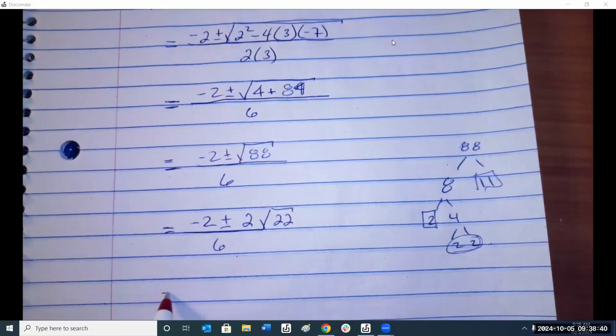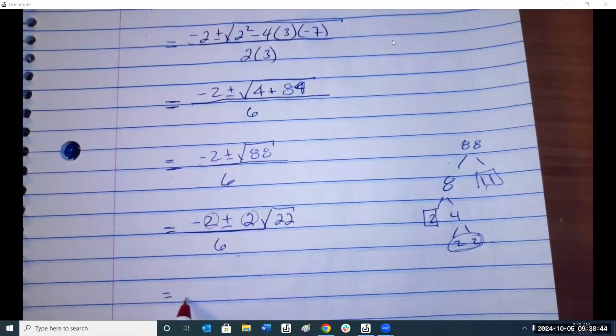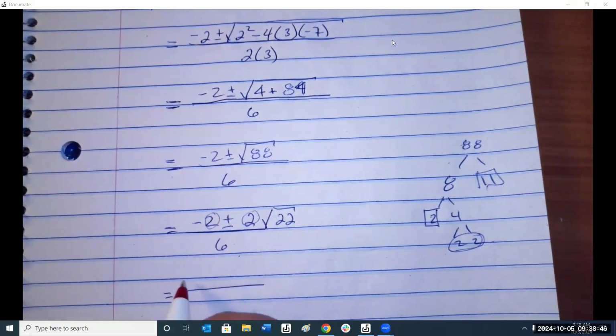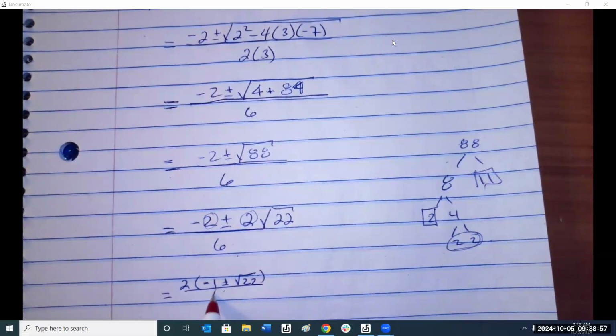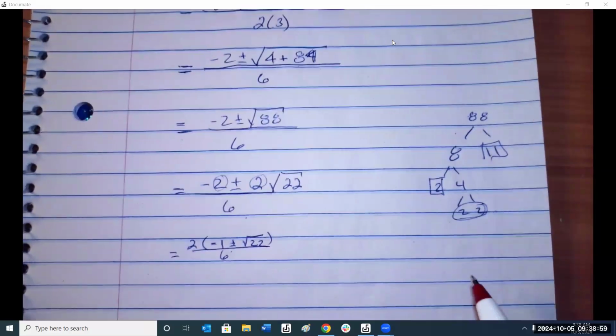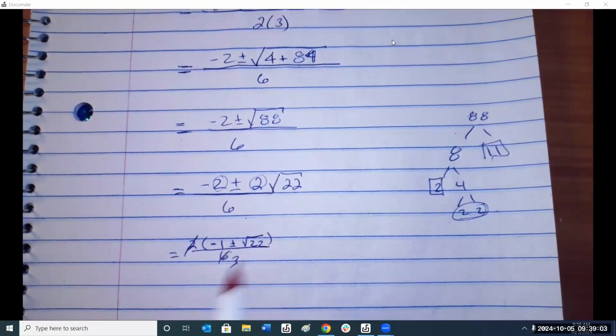All right. So now since they both have a 2 on top, I can factor out a 2, which makes it negative 1 plus or minus the square root of 22 over 6. The 2 and the 6 now can cancel.